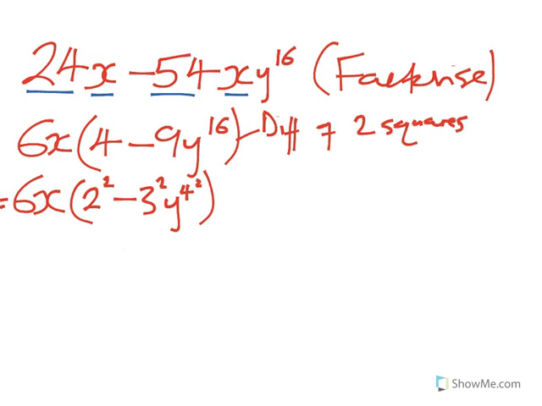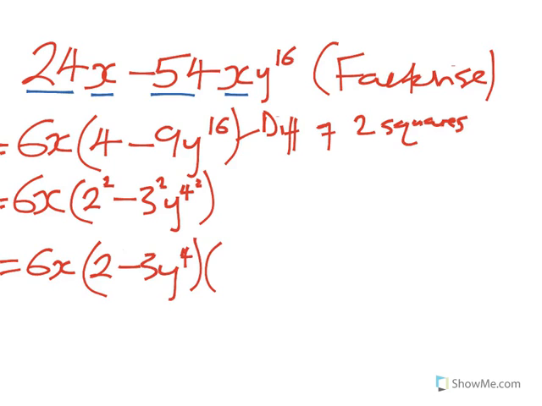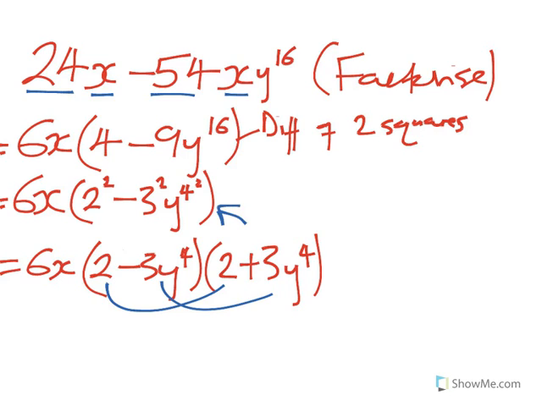This then continues to give you 6x times 2 minus 3y^4, and 2 plus 3y^4. Remember, you can always check as proof that if you multiply these, you're going to get back to the previous expression. That is a way of verifying that you're on the right track.